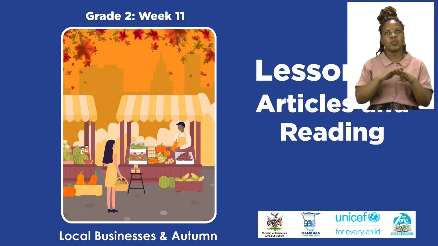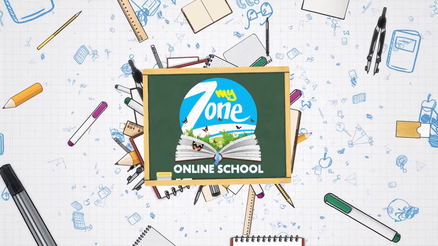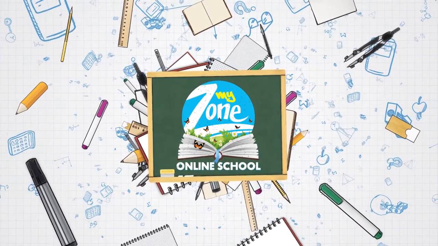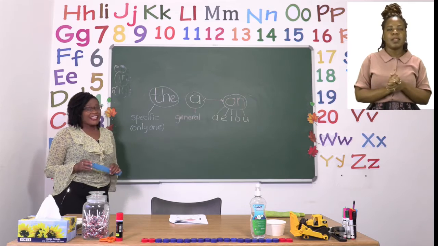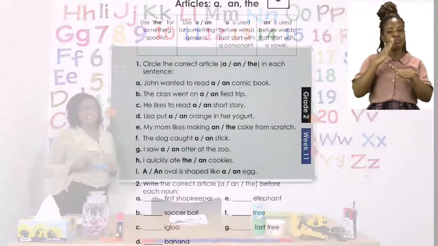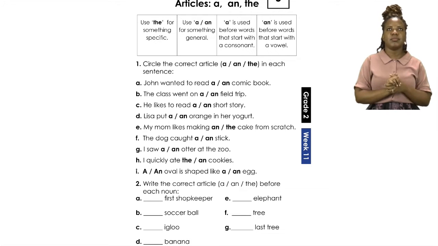For today's lesson, we will be talking about articles and reading. For our exercise today, grade 2s, let us turn to page 15. On page 15, we are going to be doing some articles.